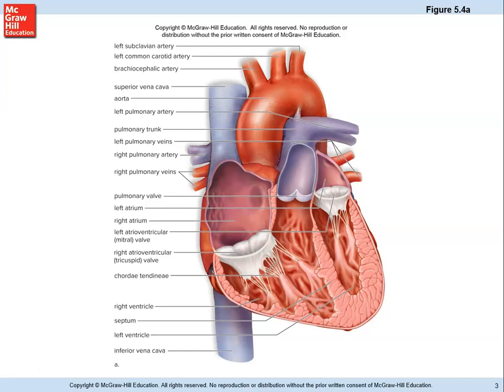The pressure can be pretty significant on those valves, and without those anchoring chordae tendineae present, the valves might actually pop open backwards, and then that would allow reverse flow of blood. Again, that's completely counterproductive. So those chordae tendineae are actually very, very sturdy, and it's almost impossible for them to tear and allow that valve to pop open backwards.